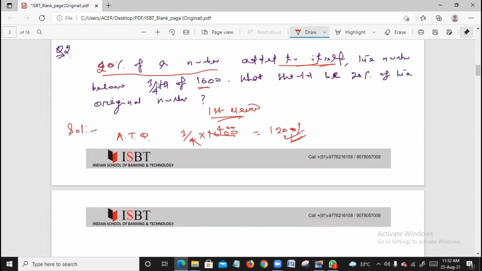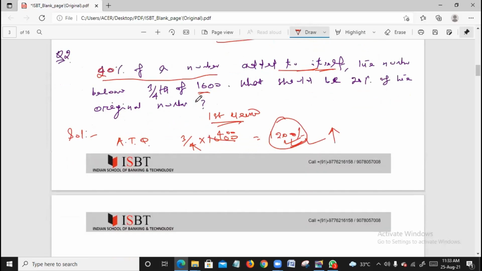Okay. 3/4 of 1600 is equal to 1200. But 1200 is the resultant number. How? After 20% of the number is added to itself. Okay, this is the increased number: 3/4 of 1600 is equal to 1200 after 20% added to the number.